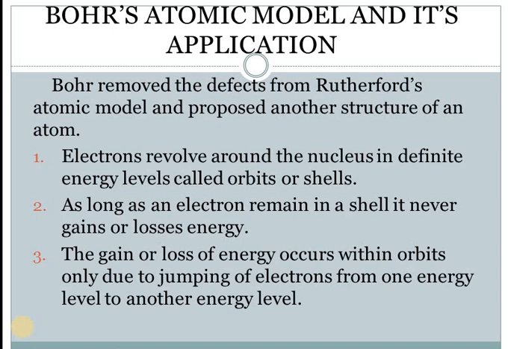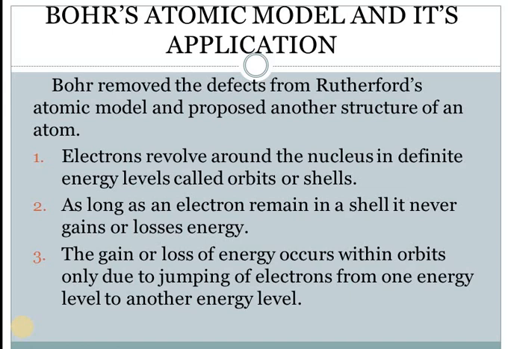It will neither lose nor gain energy, but will have a definite energy level while moving around the nucleus. Second, as long as an electron remains in its shell, it never gains or loses energy. That is, neither is it moving to a higher or a lower orbit, so it will neither gain nor lose energy, but will have a fixed energy level.